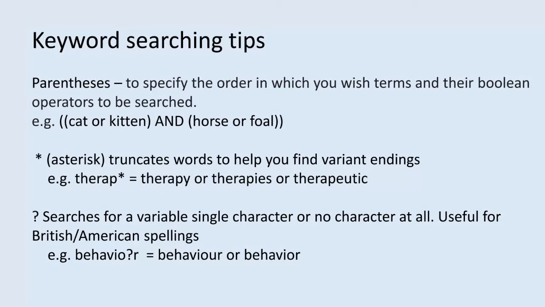However, we need to be careful with using this one because for some terms, such as, for instance, if you typed NURS and an asterisk, if we were looking for nurses or nursing, it would also find nursery. So you might not want to find papers about nurseries where small children go. So you might want to think about that.